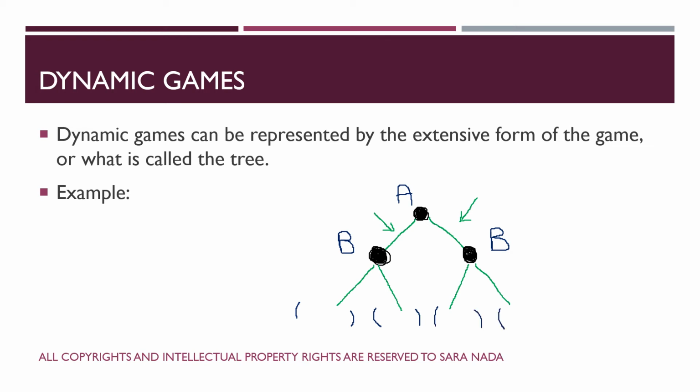Okay, so these brackets are just representing the payoffs. So for example, we can write here 0, 0. We can write here 1, 0. We can write here 0, 0. And we can write here 1, 1.